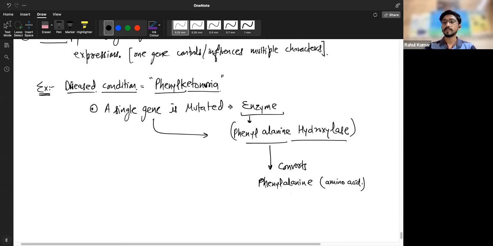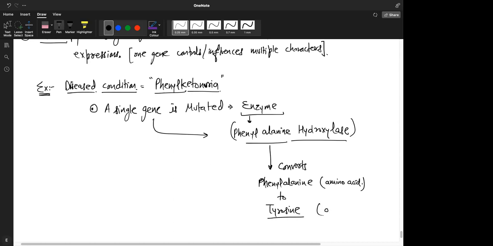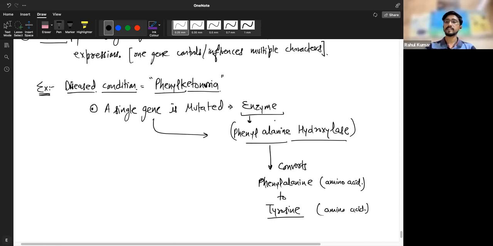Which gives rise to proteins, right? So it converts phenylalanine to tyrosine. Yes. Another amino acid. So this is the normal function of this enzyme. This enzyme converts phenylalanine to tyrosine in normal cells.